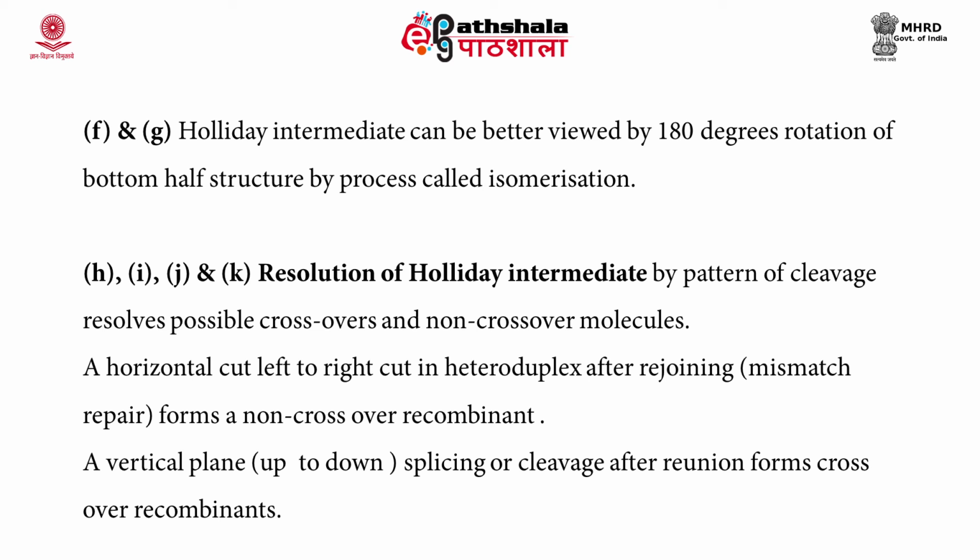Through a horizontal cut, left to right, in the heteroduplex after rejoining, the mismatch repair forms a non-crossover recombinant, while a vertical plane, that is up to down splicing or cleavage after reunion, forms crossover recombinants.